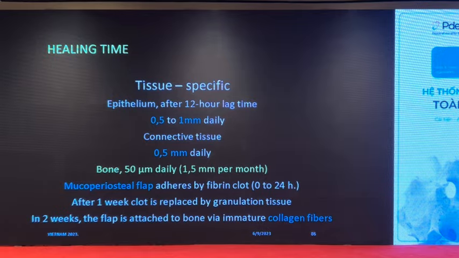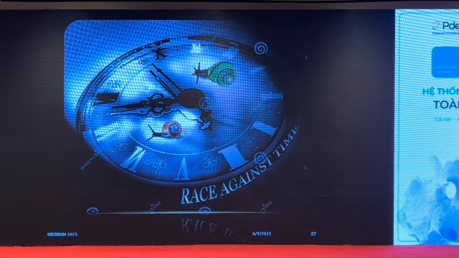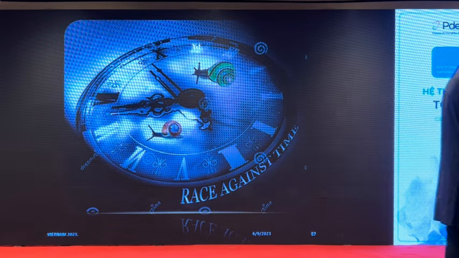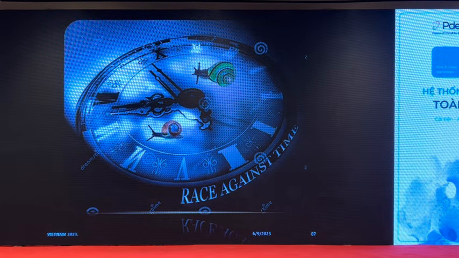So we have everything in one membrane that we need for proper healing. This is some kind of slow race, but between different kinds of tissue. We can call this race tissue against tissue.